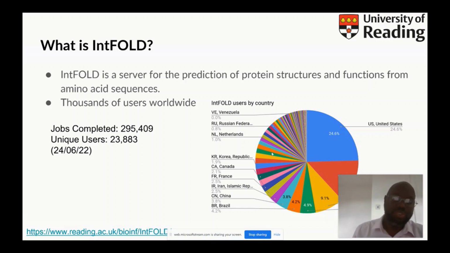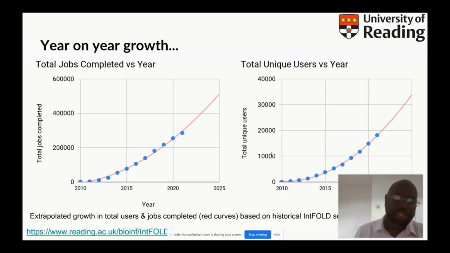As of late June this year, the number of unique users is approaching 24,000, and the number of jobs completed by the server is approaching 300,000. These plots show the growth in the number of unique users of IntFOLD and the number of jobs completed over the years it has been active.